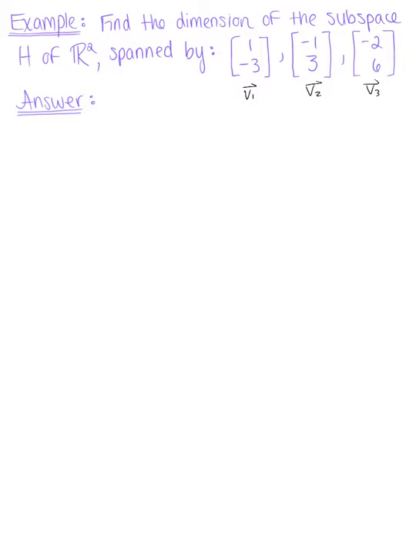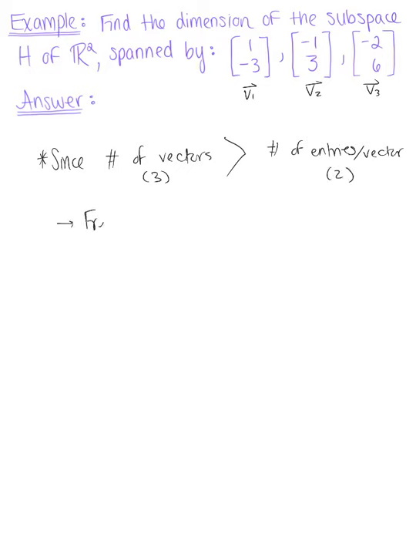Just in looking at this set of vectors, we can immediately see that this is linearly dependent. How? Well, since the number of vectors, which is 3, is greater than the number of entries per vector, which is 2, a free variable must exist.